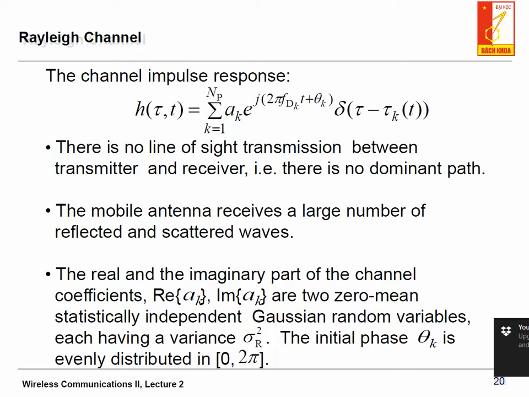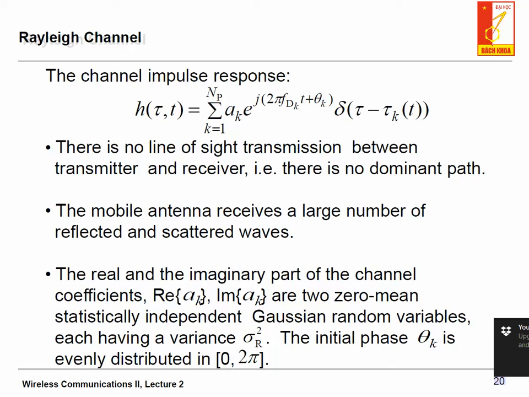We still receive a good signal, but in this case there is no line of sight component. There is no direct connection. And the reflections from all directions are similar. They have the same received power.